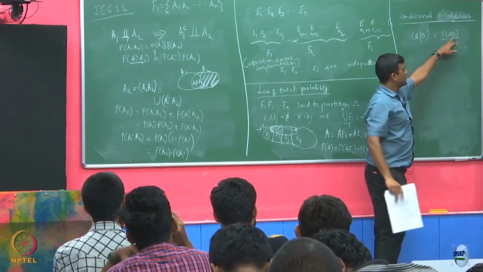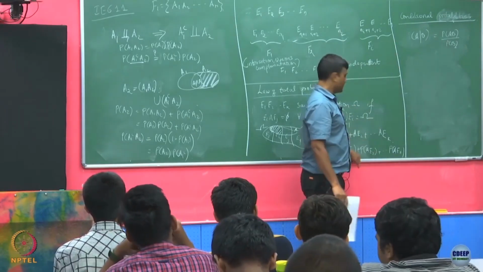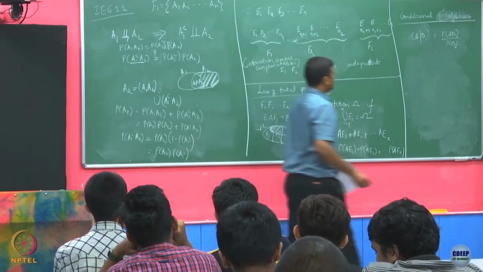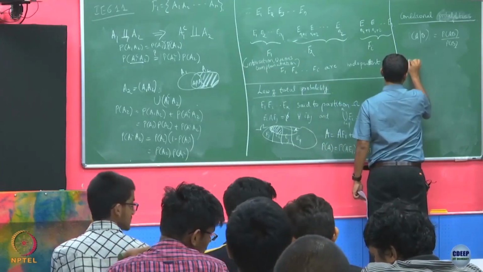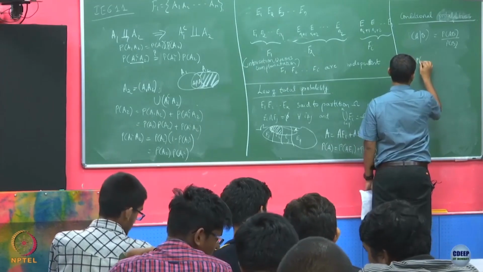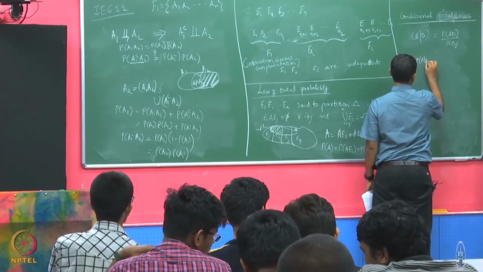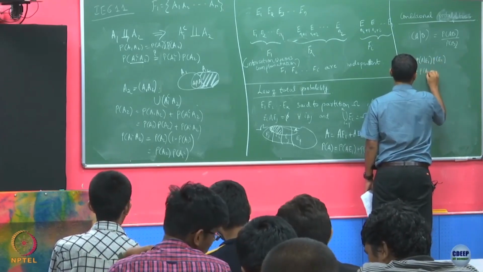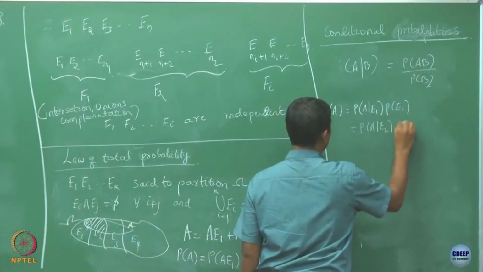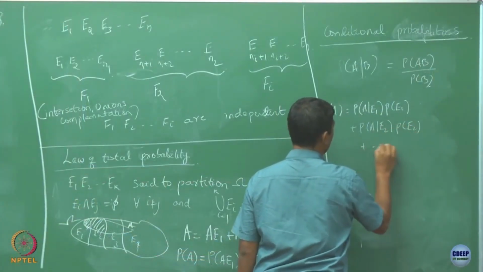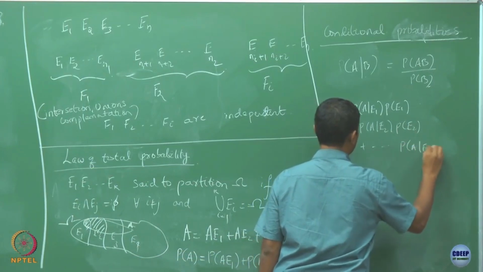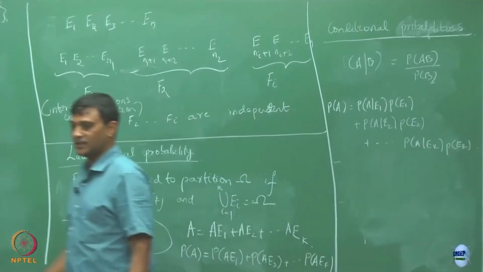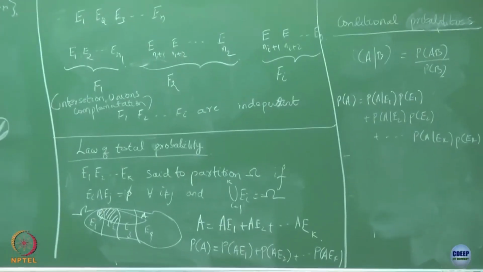Now think of A as my A, B as E1. So then I can write this A as probability of A given E1 into E1, all the way up to probability of A given EK into EK, right.